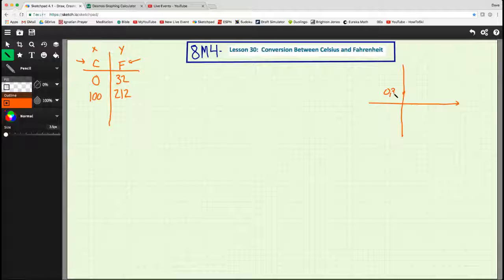Why can't I write this? 0, 32 right here. And this is Fahrenheit, and this is Celsius. And over here, we're going to have like 100, 212. And then we'll have a straight line here. And we're going to write the equation of that line.